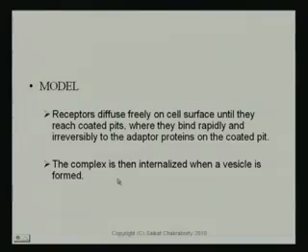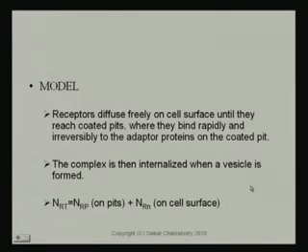So this happens, and the complex is then internalized when a vesicle is formed. Now before we go into the model, this is the definition that you need to have. The total number of receptors that are there, let's forget the ones that have been internalized, is just the total number of receptors at the start of the process.